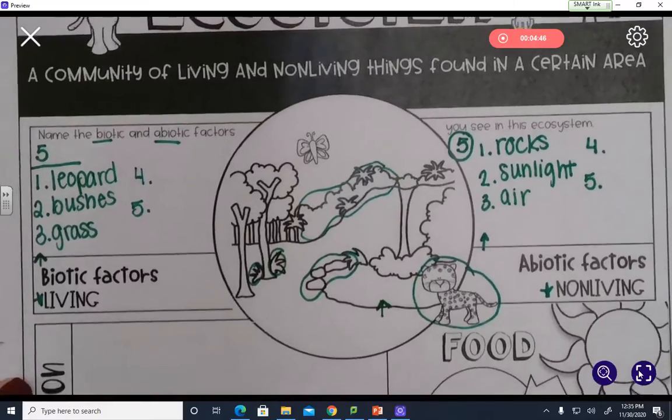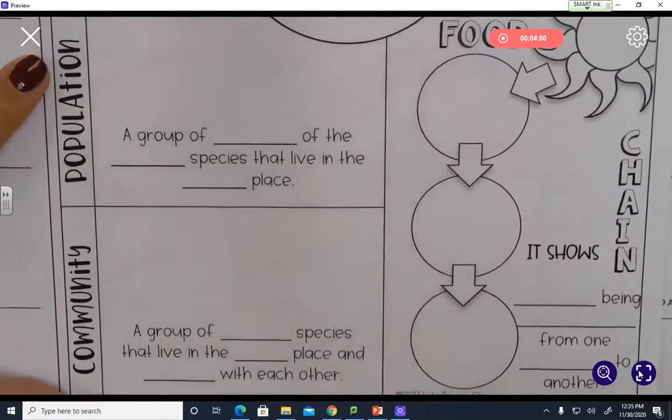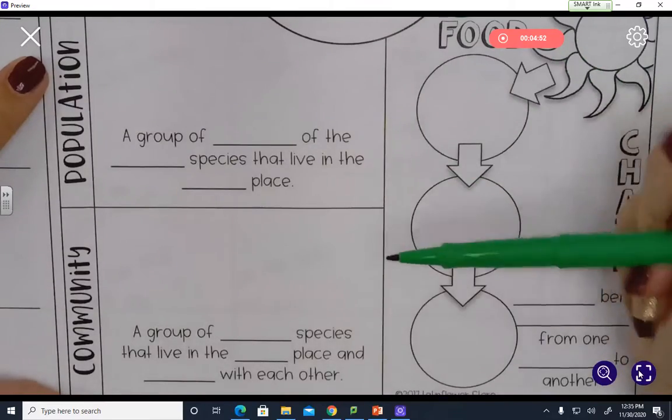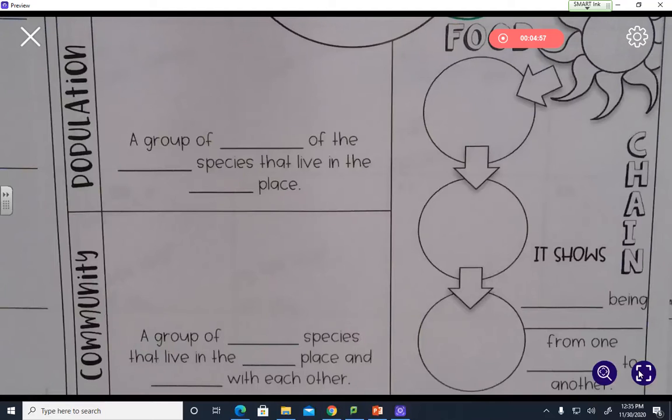So now we're going to review the difference between a population and a community. Okay? So a population is a group of blank of the blank species that live in the blank place. I'm going to pause to see if you might know what those words are. Two of the words are the same.